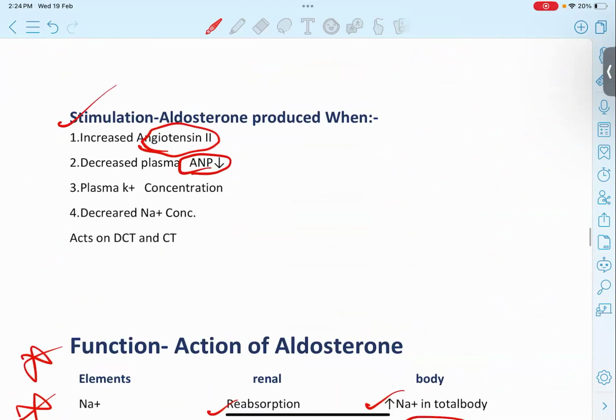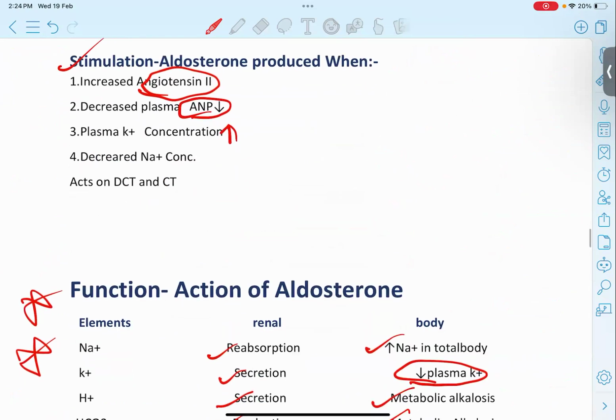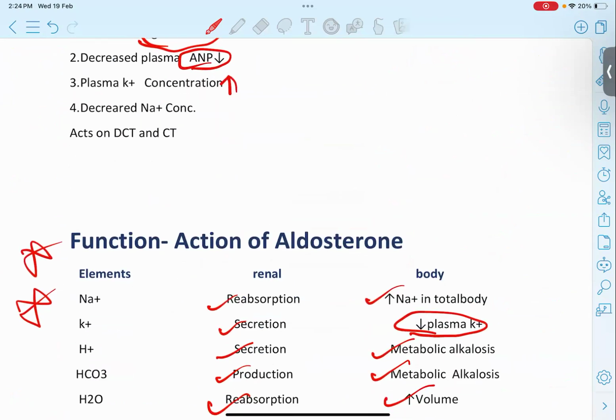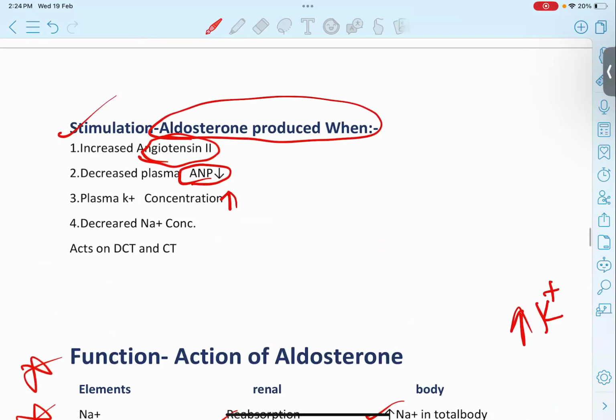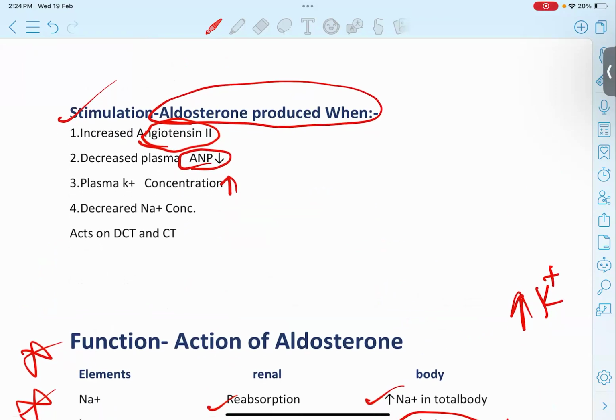If there is an increase in plasma potassium concentration, because we know the function of aldosterone is to reduce plasma potassium, that would also stimulate aldosterone production, because the body always wants to maintain homeostasis, and increased potassium can cause a lot of problems, like cardiac arrhythmia.